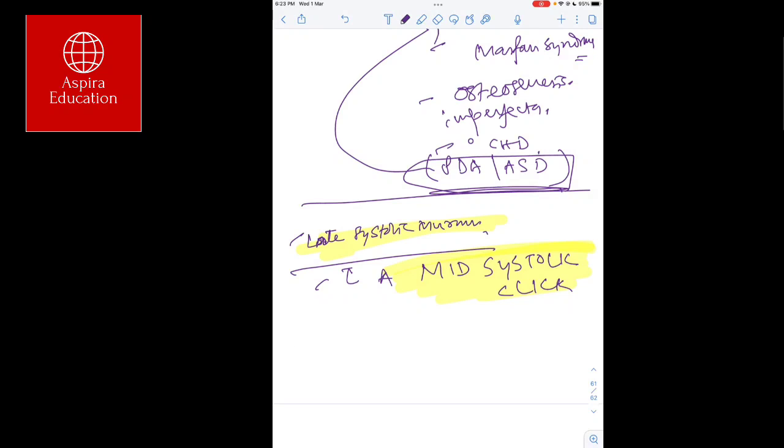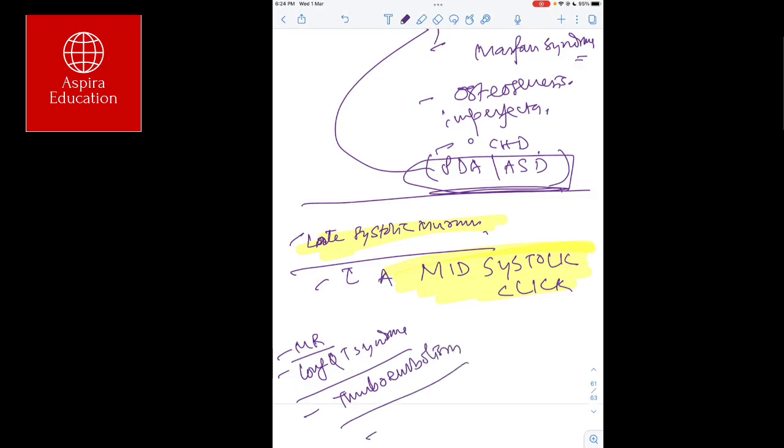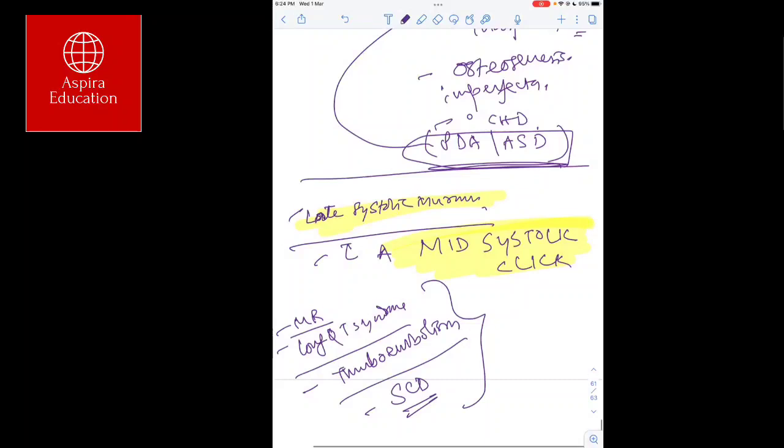What else? Occasionally you can find features of arrhythmia, long QT syndrome, thromboembolism, and occasionally in unfortunate people, sudden cardiac death can be associated with mitral valve prolapse.